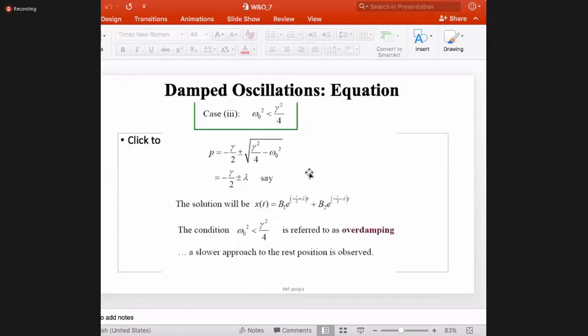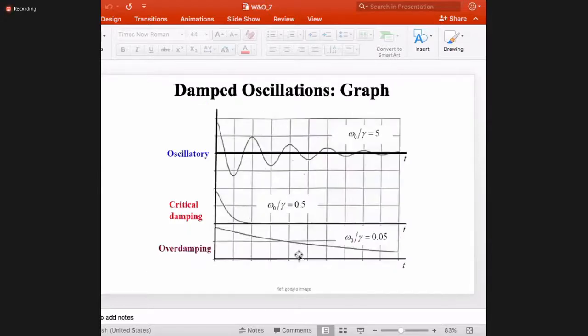So as we see, if you put all these graphs here, then you can understand. We already discussed oscillatory behavior in our previous class, and today we saw that in the critical damping condition, there is a t term multiplied with the exponential part, so the damping is really rapid.